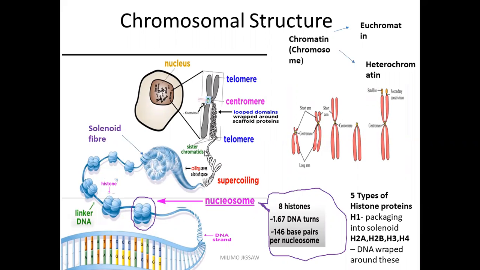In other words, we may call a sister chromatid one half of a duplicated chromosome.